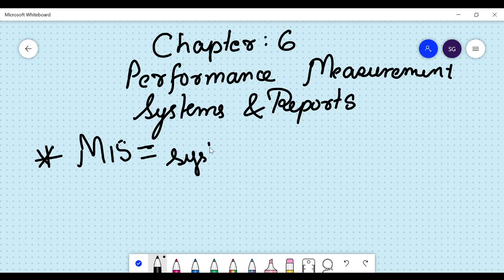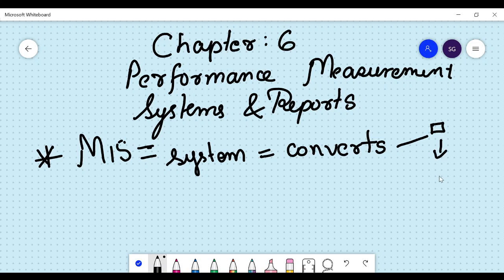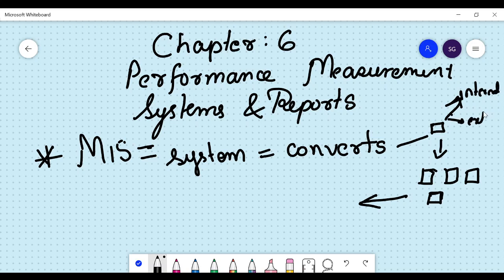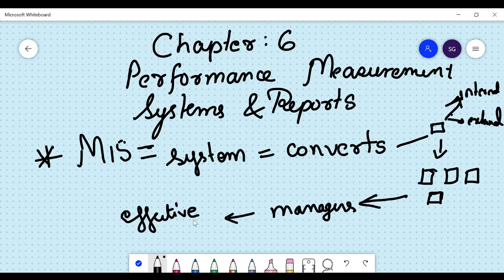It is a system that converts data into information, because it breaks down the data into useful information, and which it takes from internal and external sources and communicates this information to managers for effective decision making.